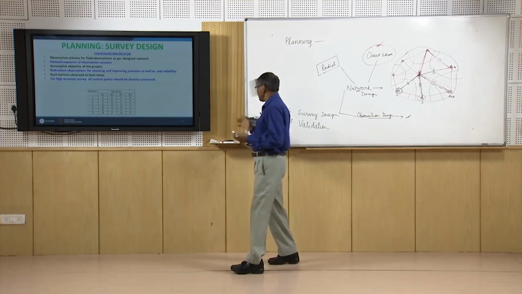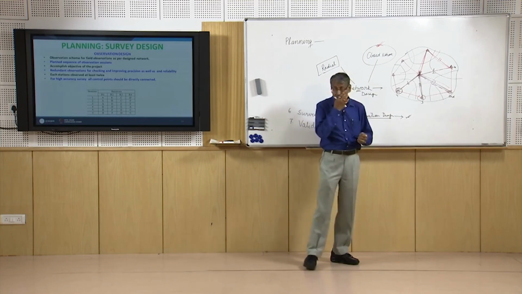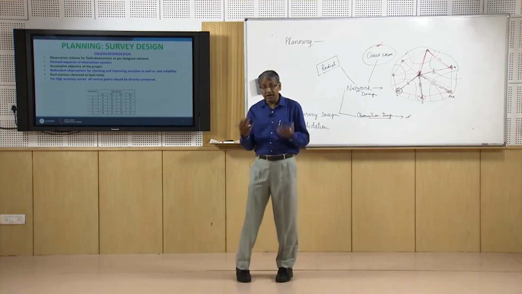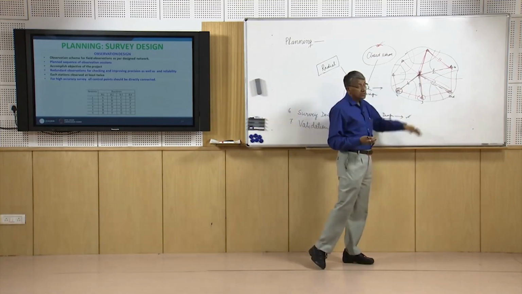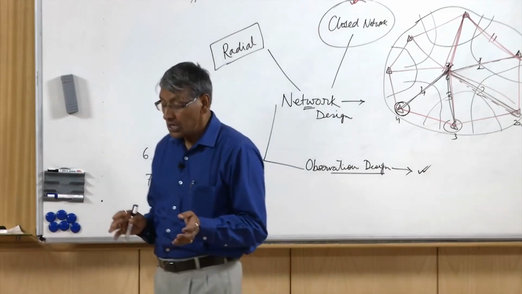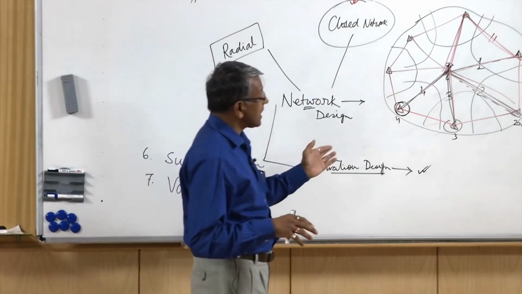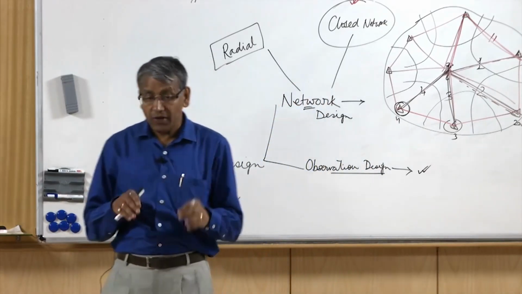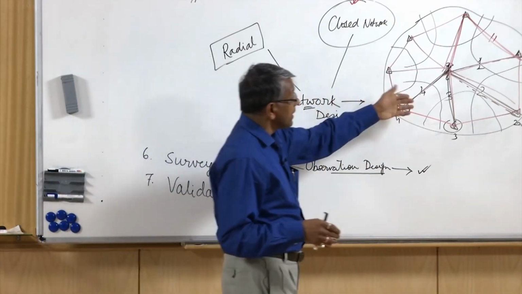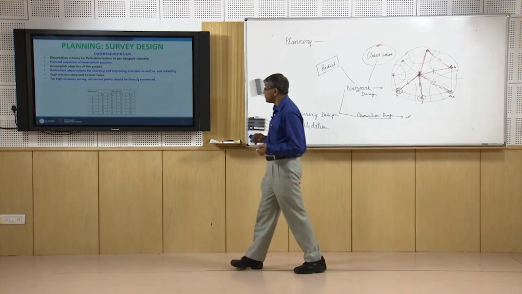Another important thing is that there should be some redundant observations, so that this redundancy will help us to check many errors, as well as improve the precision and reliability of our result. So, redundancy in observation is also very important.